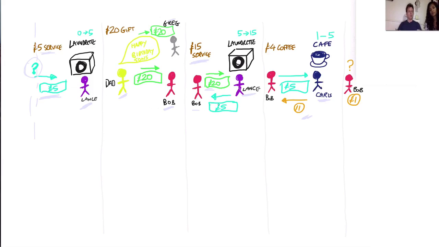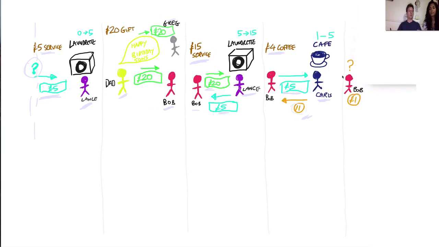Then Bob decides to go and celebrate his birthday by going to the coffee shop, where he buys a £4 coffee, okay? And he hands over that same £5 note that he received as change from Lance the laundrette, and he hands it over to Chris, the guy at the coffee shop, who gives him a £1 coin in change. And then at that point, Bob walks out of the coffee shop with £1 in his pocket.